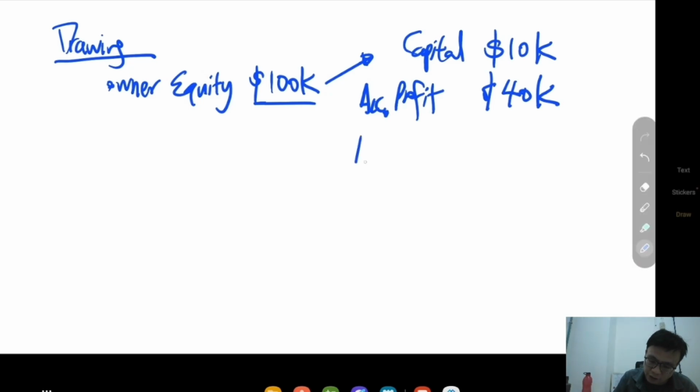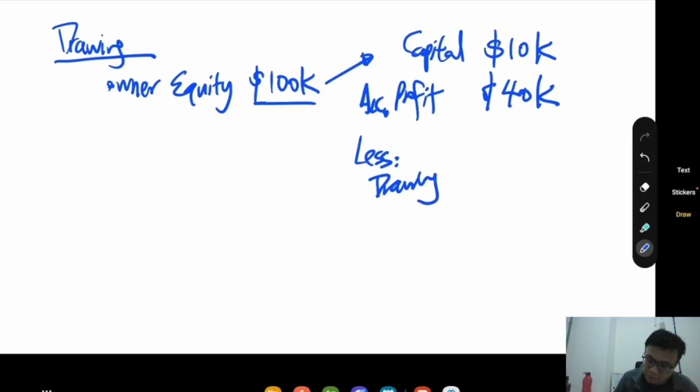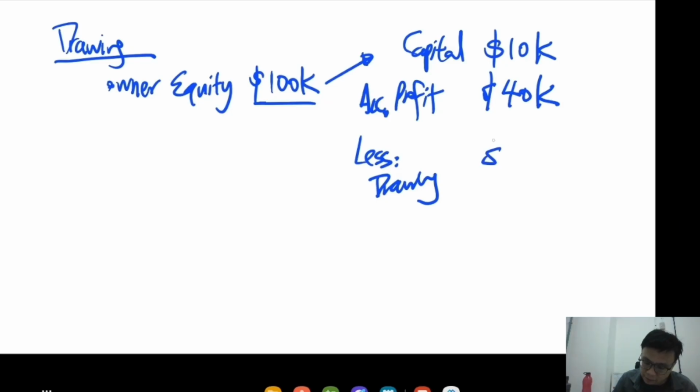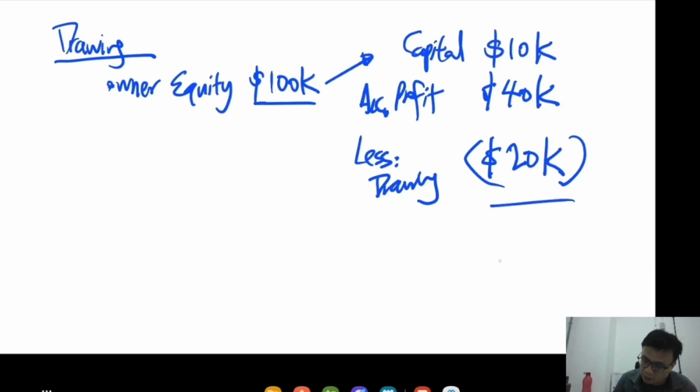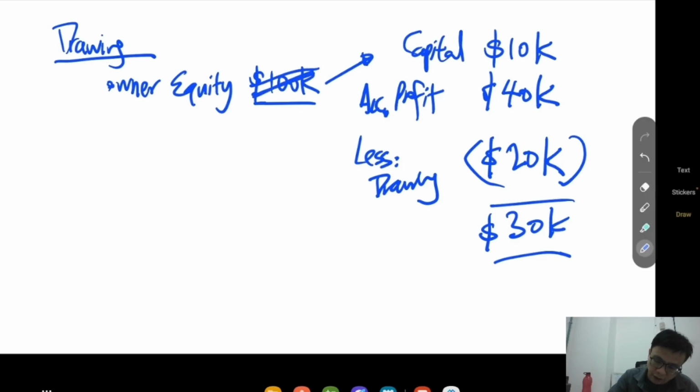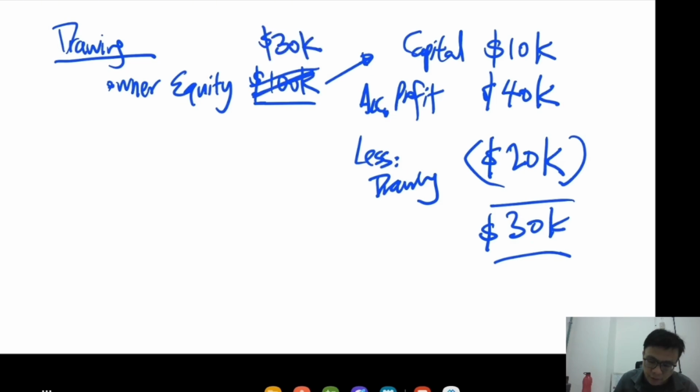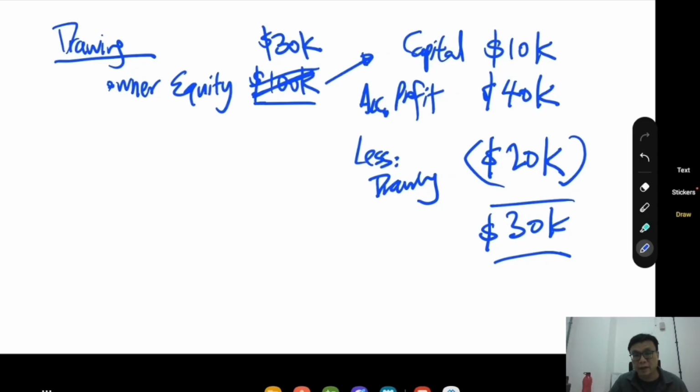And then you have less drawing, perhaps it is 20k. 10k plus 40k, 50k, 50k minus 20k, that will give you 30k. So the equity will be 30k instead, 30k rather than 100k based on the figures that I plug in.